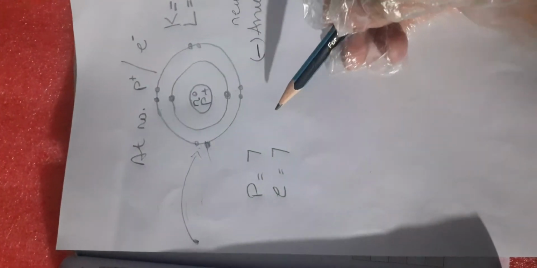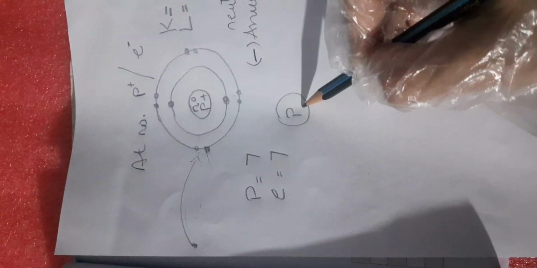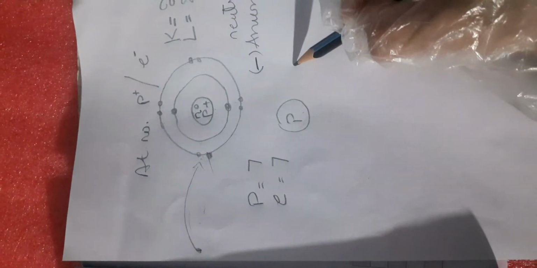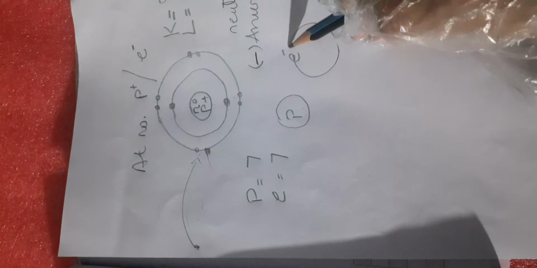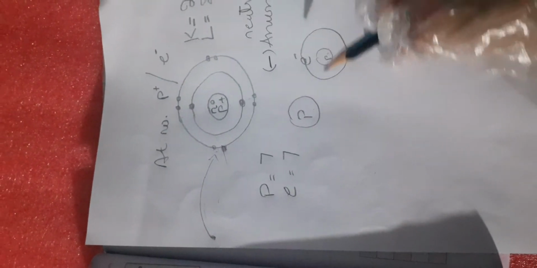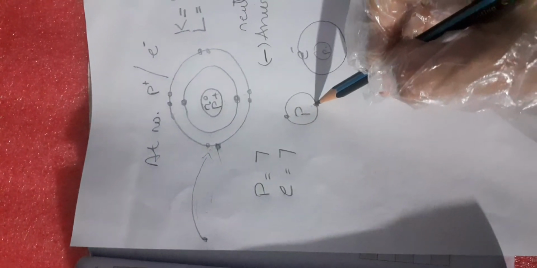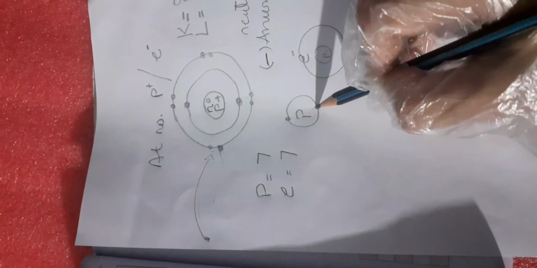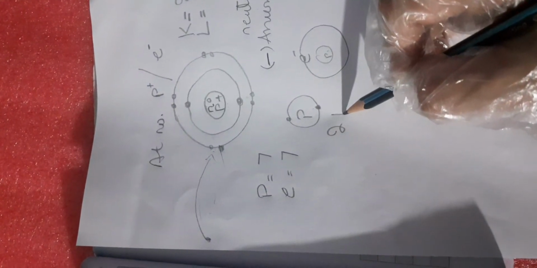So what is an atomic number? Atomic number is the number of protons present in the nucleus of an atom or the number of electrons present in the shells of a neutral atom, right? So if there are 2 protons in an atom, we will say its atomic number is 2.